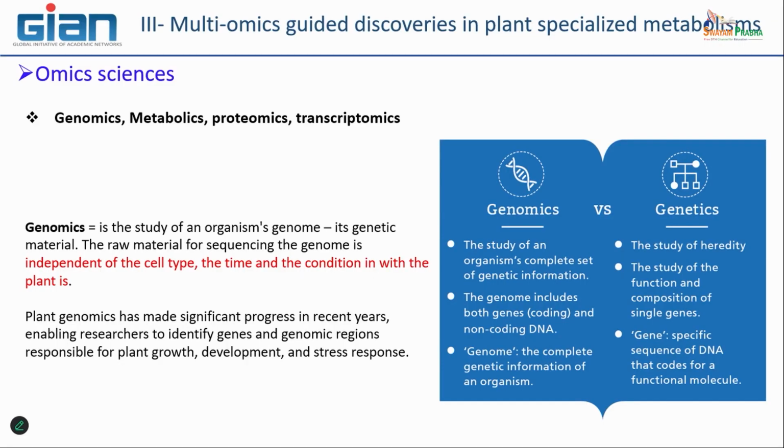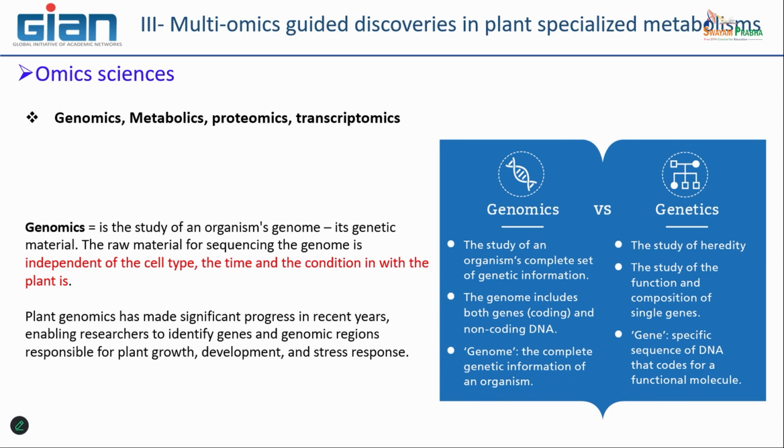And in fact, we will see that plant genomics has made really significant progress in recent years with new methods of sequencing that have also permitted access to complex and big genomes, in a very short time and at a very low cost. So it is now possible to sequence quite easily and quite rapidly different types of genomes.